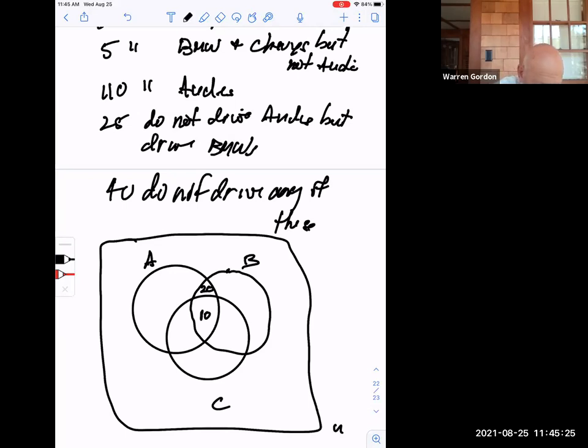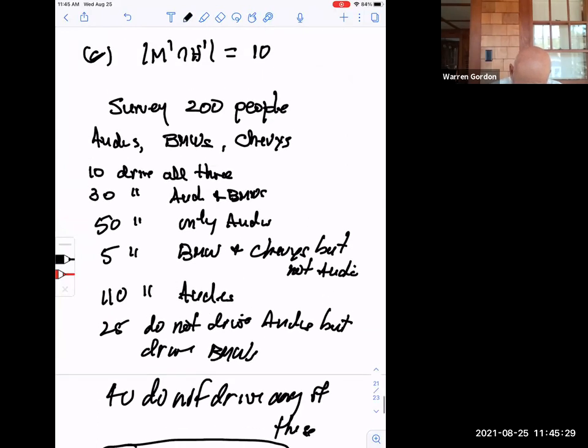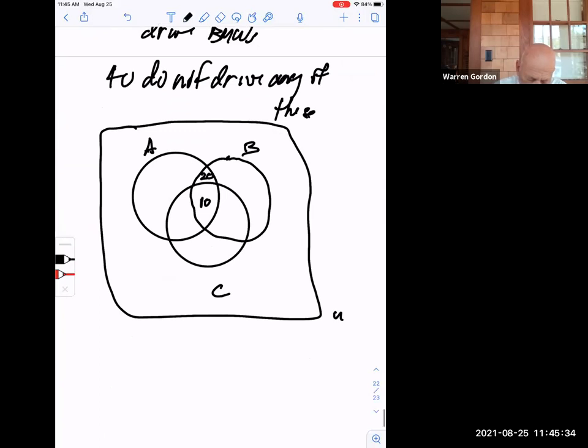Okay. I'm checking my books. I don't make a mistake. What's next? So I've done this one. I've done this one. 50 drive only Audis. Well, only Audis is this region here. It's out of B and out of C. And how many did I say? Did I say that was 50?